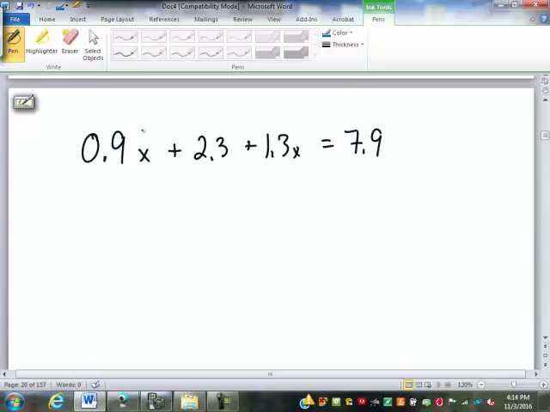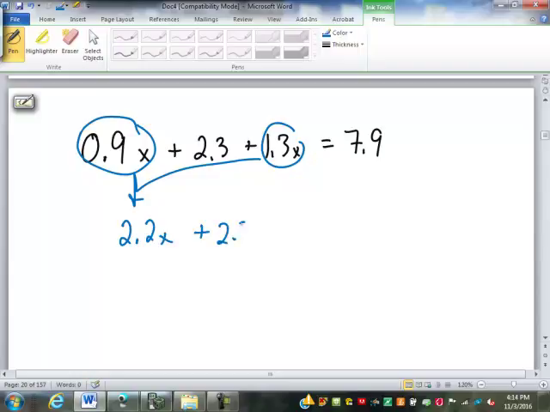Combine 0.9x with 1.3x. What's that give us? It's 2.2x. Good. We still have the positive 2.3 there. Equals, we got 7.9 over here. Now what?